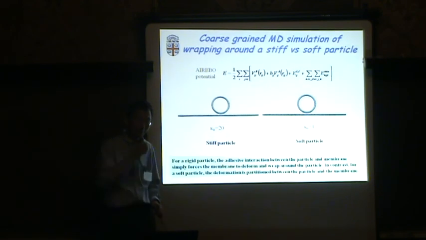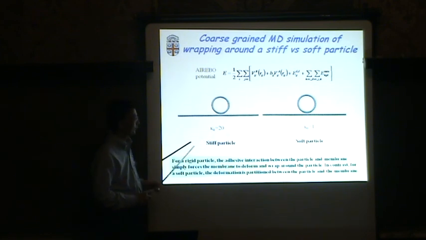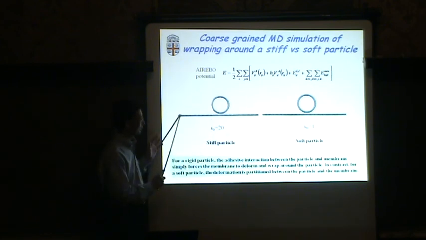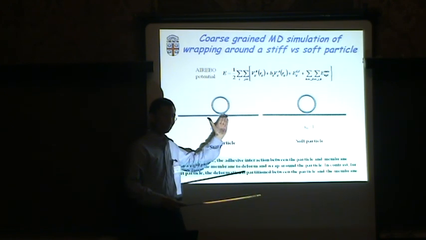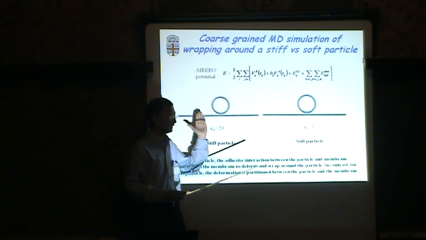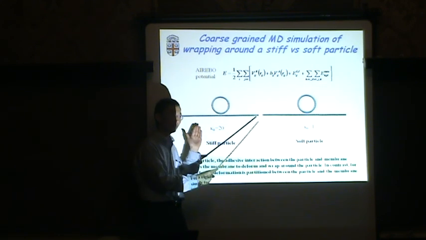Now that we have these results, we'd like to verify them with our coarse grain MD simulation. We test these results by coarse grain MD. It starts with a membrane and a particle, and the adhesion energy is the same, so the interaction energy is identical, the size is identical, and the stiffness of the membrane is identical.